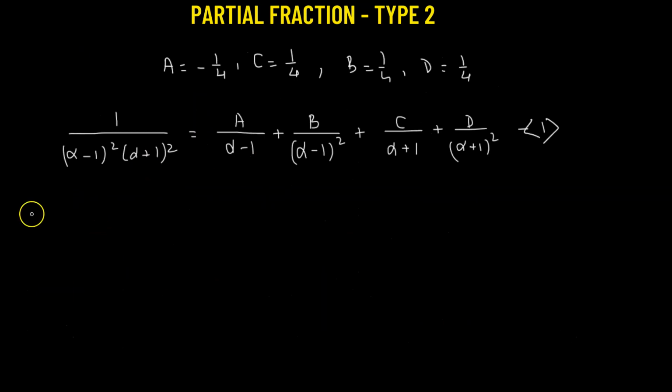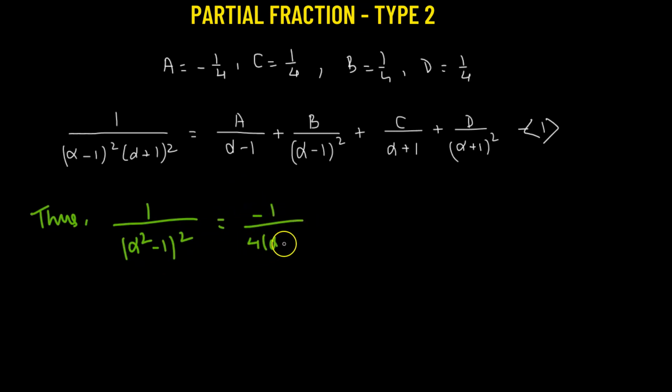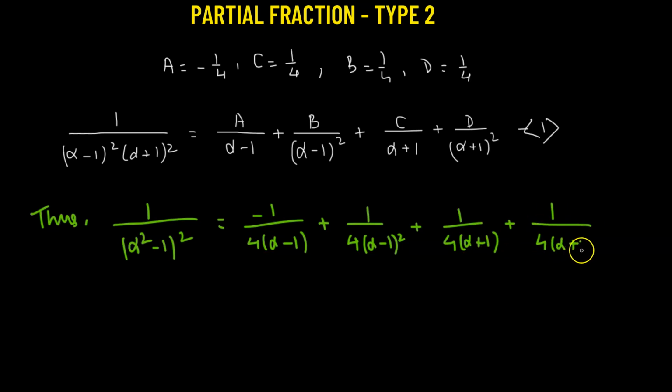Thus the original rational fraction, 1 over (alpha squared minus 1) whole squared, equals negative 1 over 4 times (alpha minus 1), plus the B term, 1 over 4 times (alpha minus 1) whole squared, plus 1 over 4 times (alpha plus 1), plus the fourth partial fraction, which is 1 over 4 times (alpha plus 1) whole squared. So this is the final value.